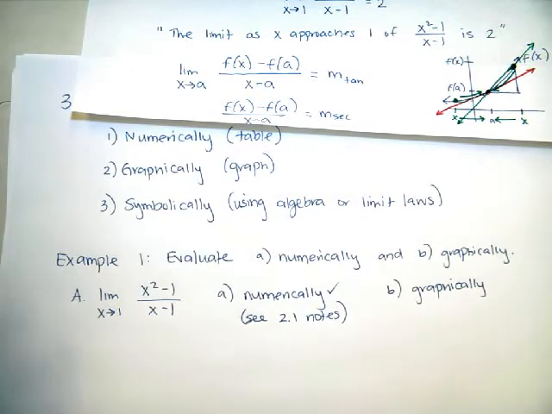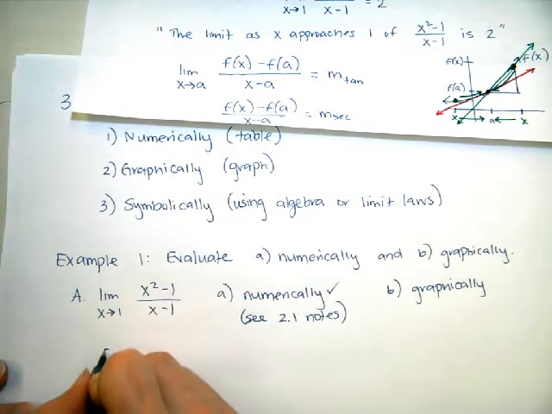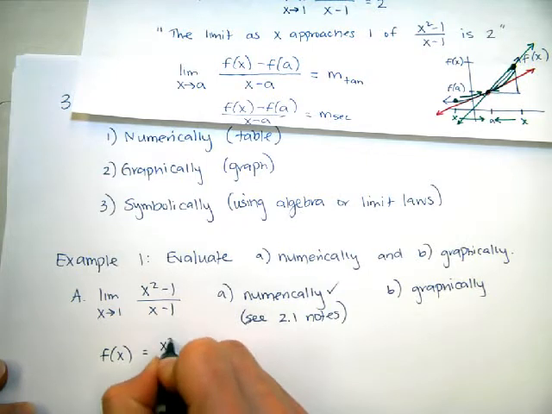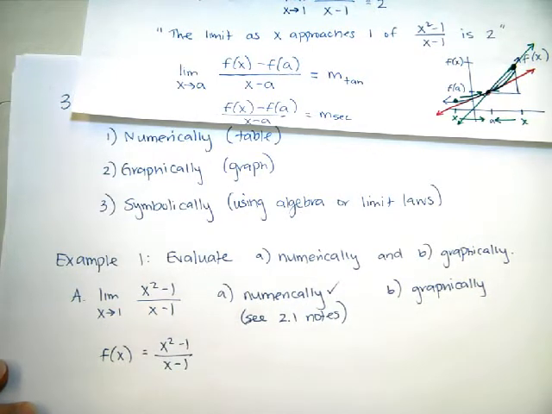So what I'd like to do is graph f of x equals x squared minus 1 over x minus 1. We can use our calculator for that. Everyone go ahead and take your calculators out because we'll be using them a lot today, both for the numerical and the graphical approach.